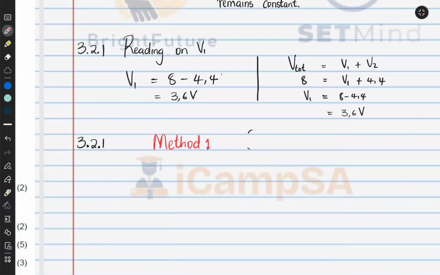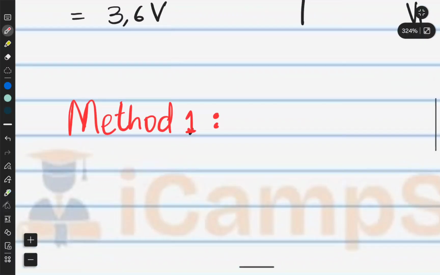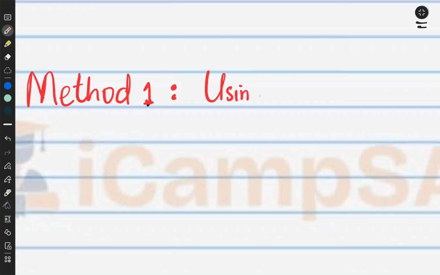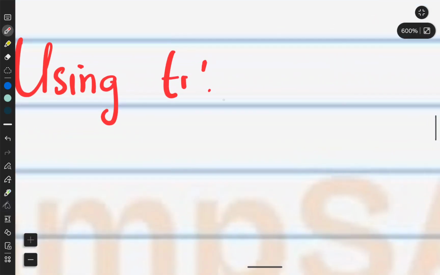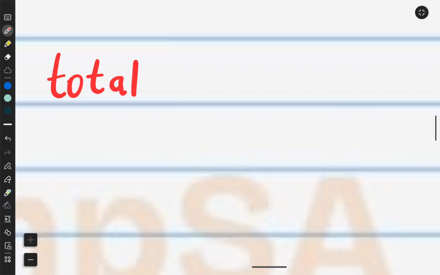So I'll just show you two methods to show you that you don't have to limit your thinking when it comes to these things. There are usually a number of ways you can attack a question and try to solve for it. So method 1, we are using total effective resistance.